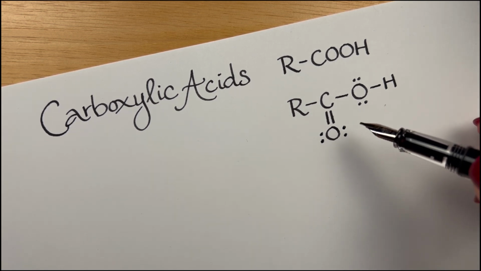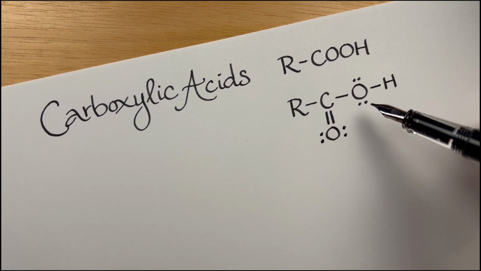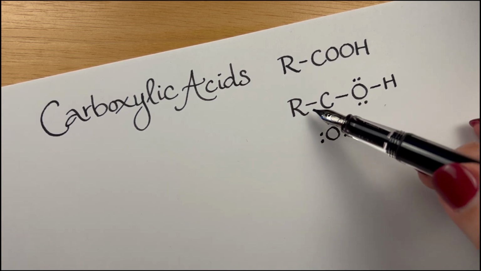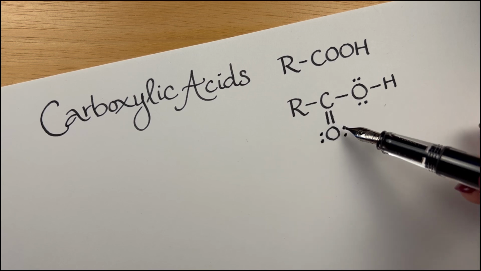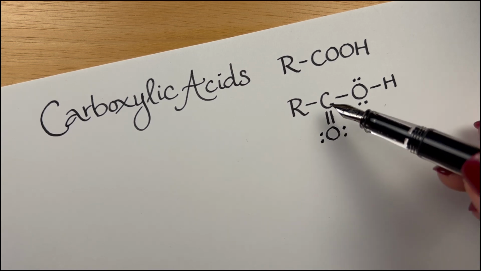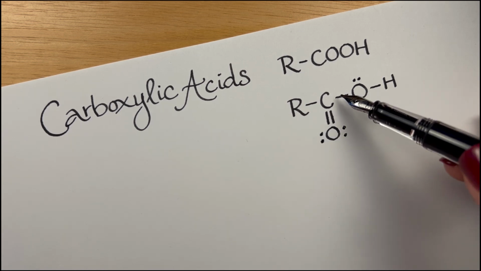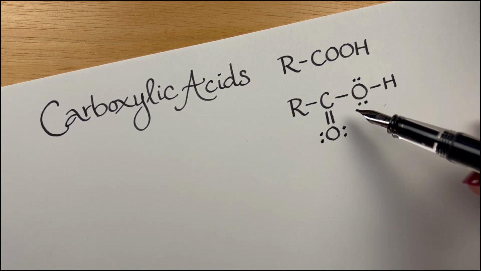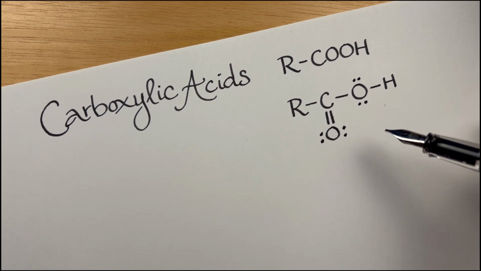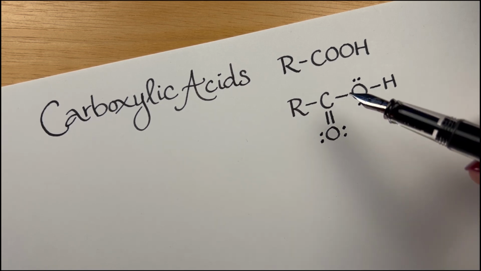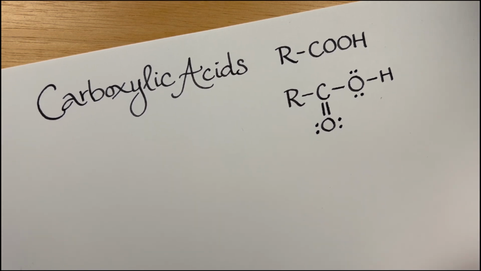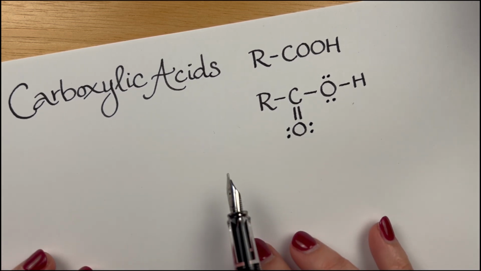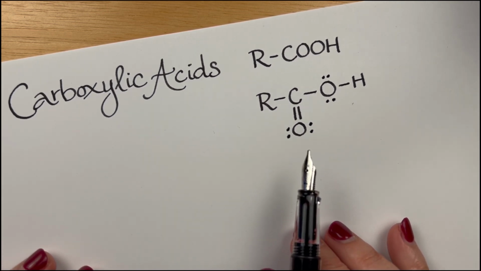One other thing to point out is that these bond angles are not 90 degrees, as you might think when you look at them like this. And this is not linear. Alright, so that means we need to invoke VSEPR theory. Valence shell electron pair repulsion theory.